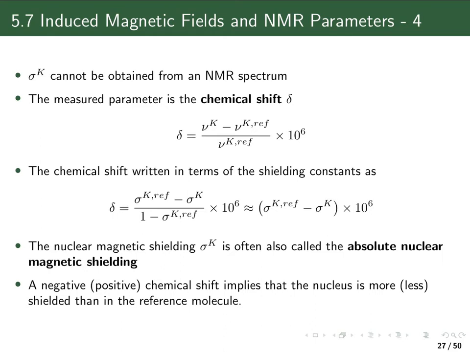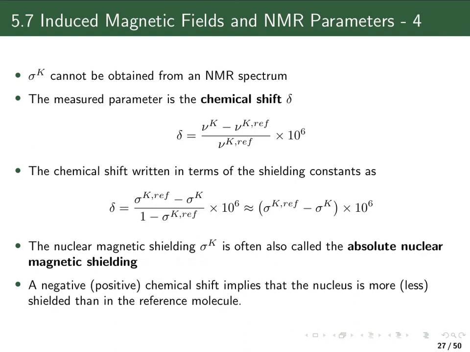Which means if one wants to calculate the chemical shifts, one has to calculate not only the shielding constants of the molecule we're interested in, but also of the reference molecule. And then one can calculate the chemical shift. To make the distinction between the chemical shift delta and our shielding constants clearer, one often calls the nuclear magnetic shielding constant the absolute nuclear magnetic shielding constant.